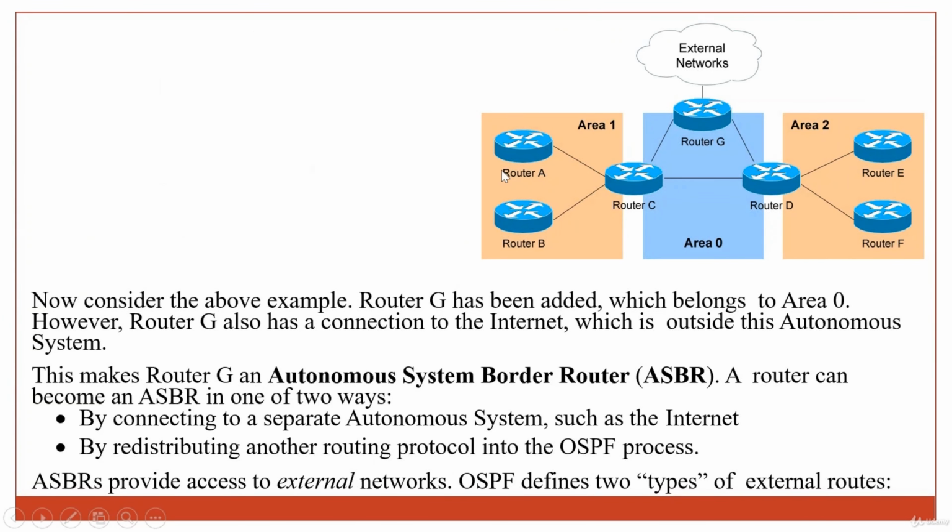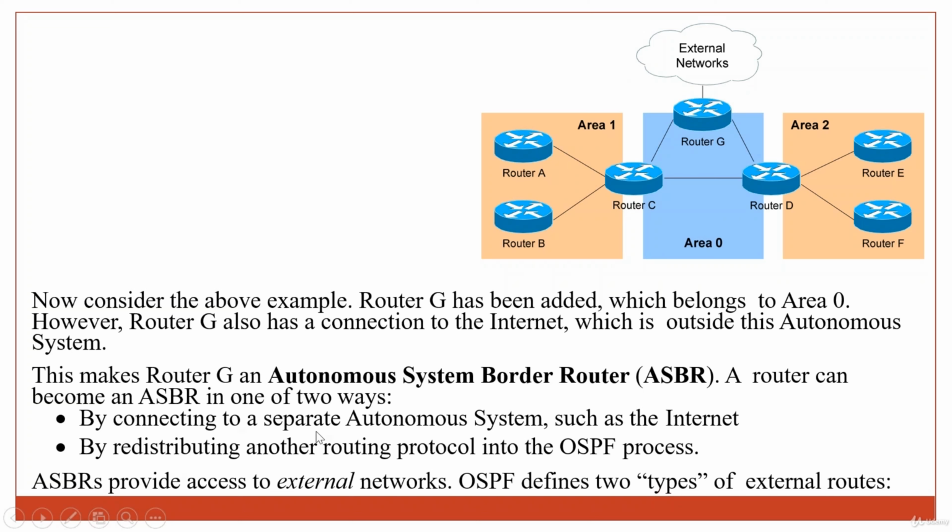All right, now here you can see that you may have a chance that you are connected with a non-OSPF protocol. So you are getting the route, say for example, from the EIGRP domain. In that case, that router is termed as an ASBR, Autonomous System Border Router. So now here you can see that C and D are ABR, Area Border Routers, but router G is an ASBR because now the routes are coming from the other routing domain to the OSPF.